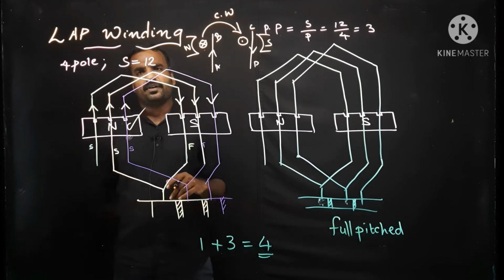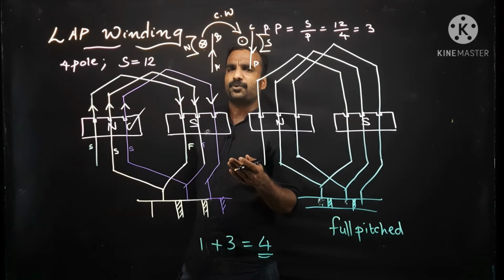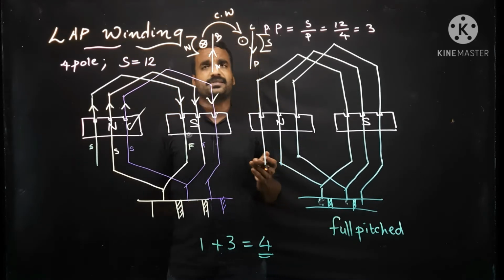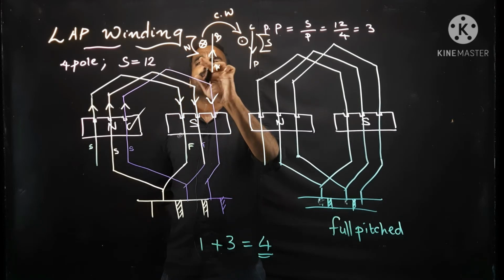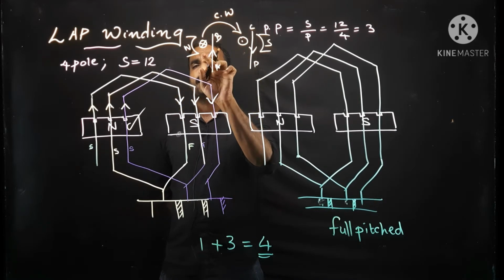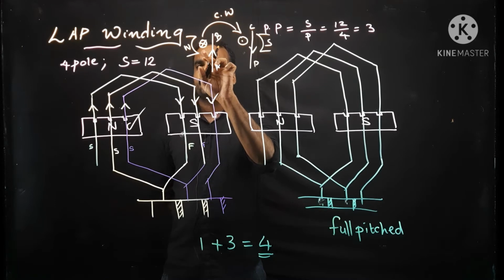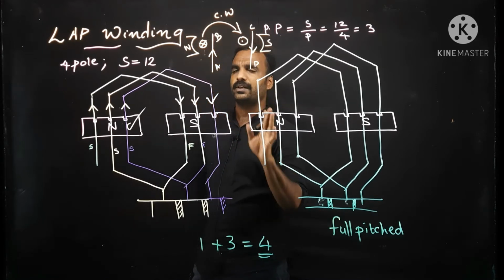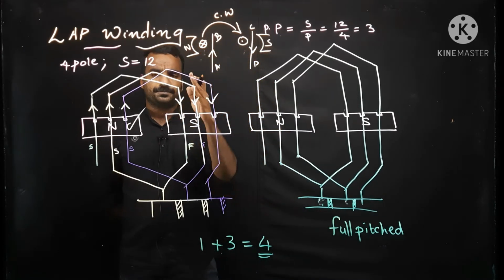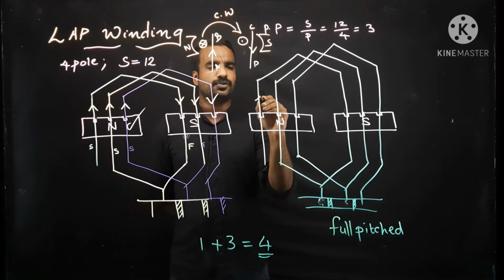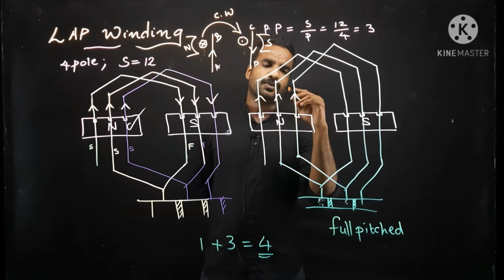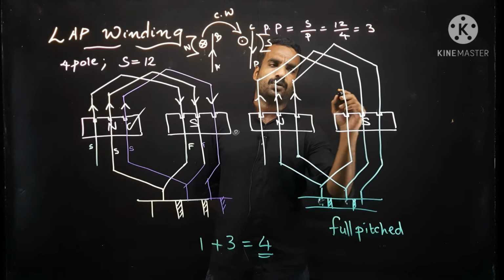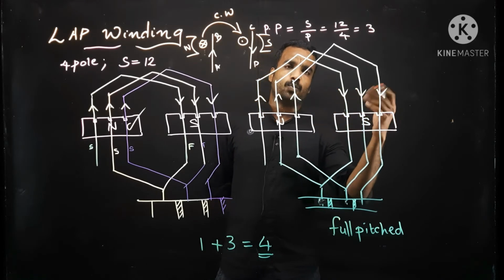In any circuit where you want to apply Fleming's right hand rule, you don't need to apply it in both conductors. If in one conductor on north pole it is cross, then correspondingly under south pole you will get dot only. So here also you will get cross or upward in north, and downward in south.